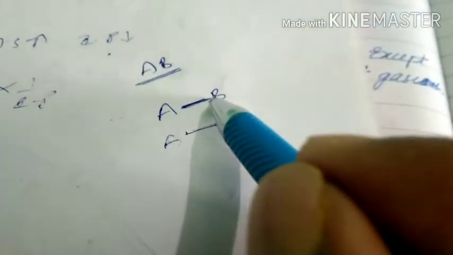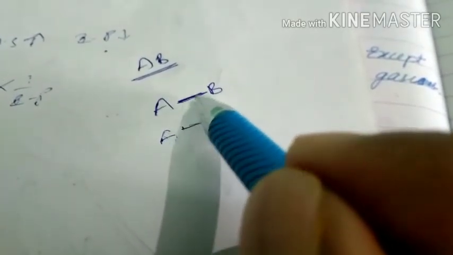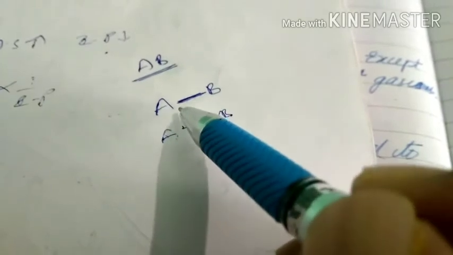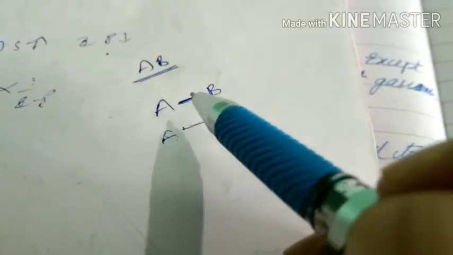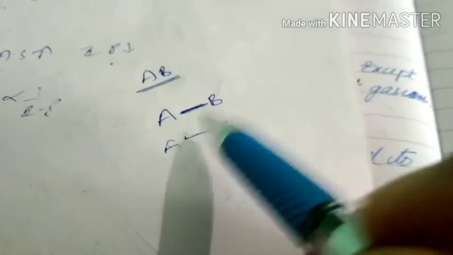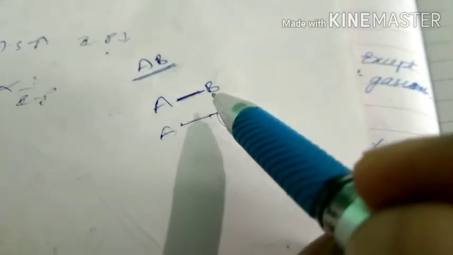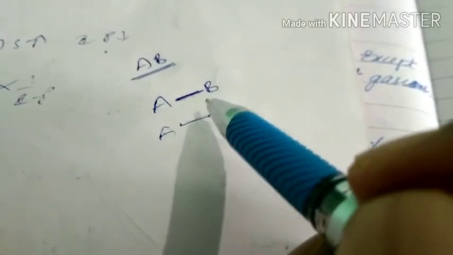Suppose B is having more electronegativity, then these 2 electrons readily move towards B atom compared to A. That means, what is the definition of electronegativity? The tendency of an atom to gain shared pair of electrons by itself is called electronegativity.